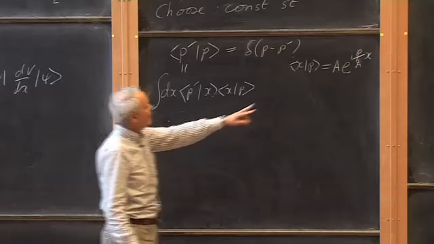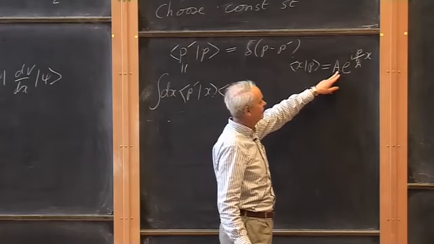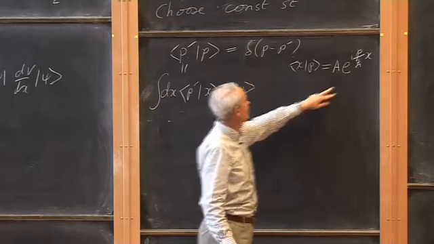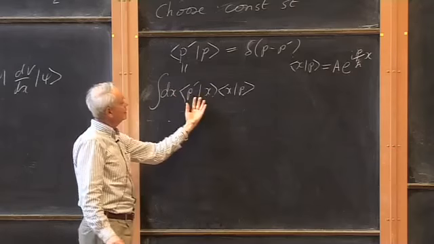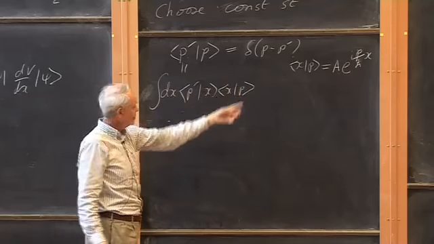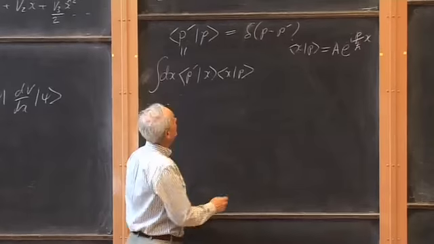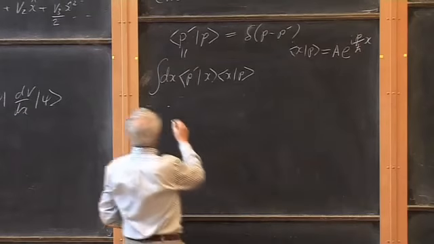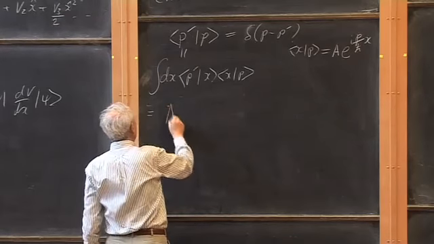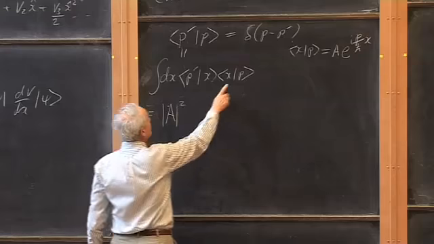And the name of the game is to find the value of this, because we know that this thing is this. The nice thing is that this is the complex conjugate of that, right?